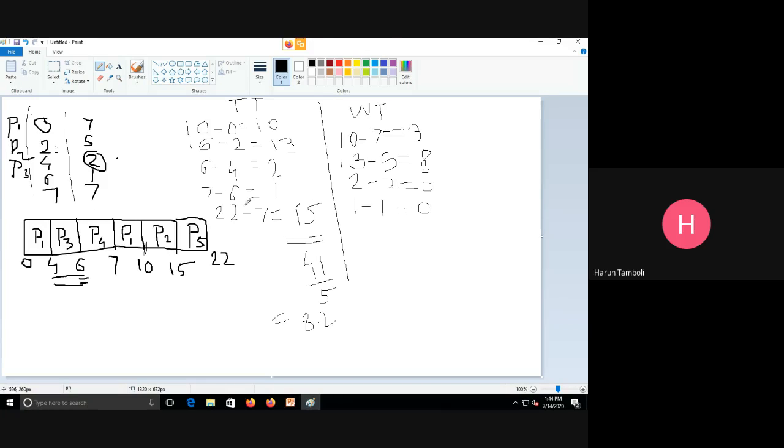And last P5, the turnaround time 15 minus burst time 7, so the waiting time is 8. So total 8 plus 8 plus 3 is 19. To calculate the average waiting time, divide by the number of processes. The number of processes is 5, so I think it is 3.8.